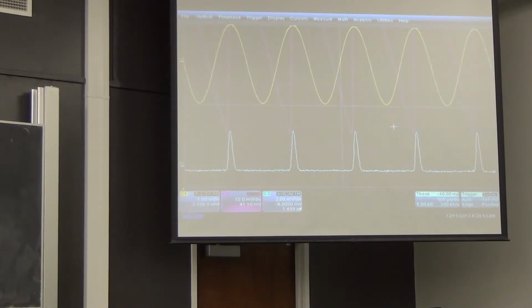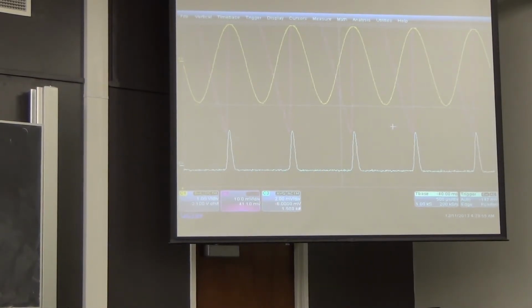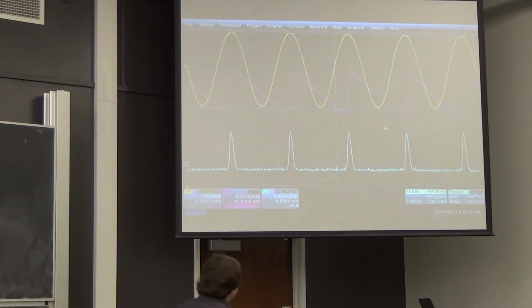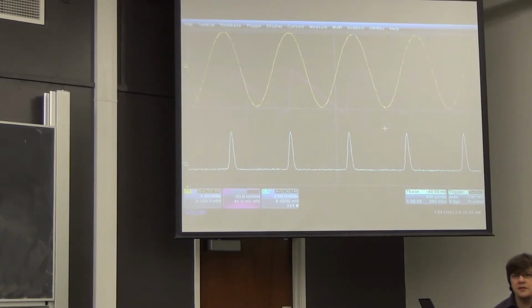So my next question might be, what happens if we change the frequency of the input sine wave? We're going to go from 100 Hertz to 1 kilohertz in 100 Hertz steps.